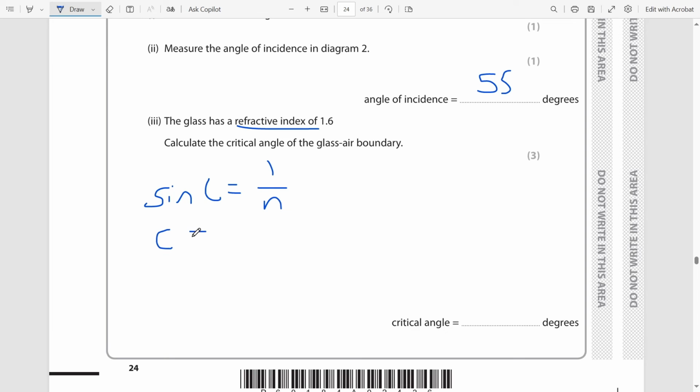So that means c will equal inverse sine of 1 over 1.6. What is that going to equal? 38.6. We're going to put 38.7 degrees.